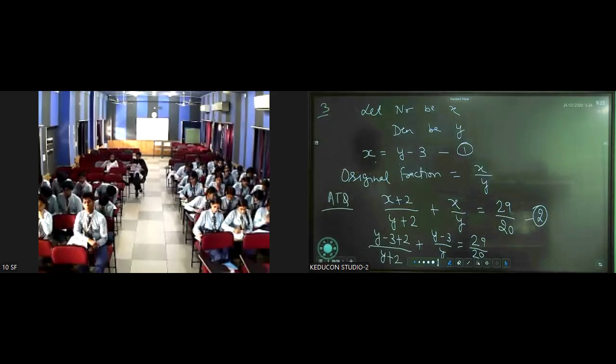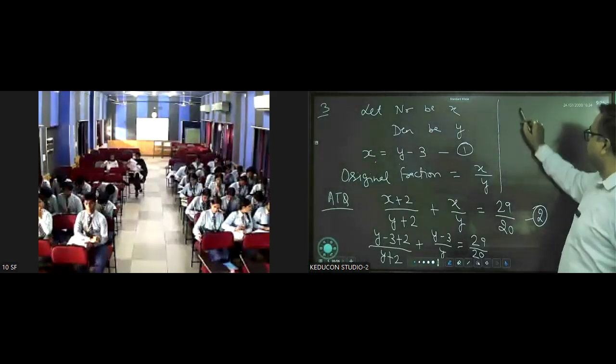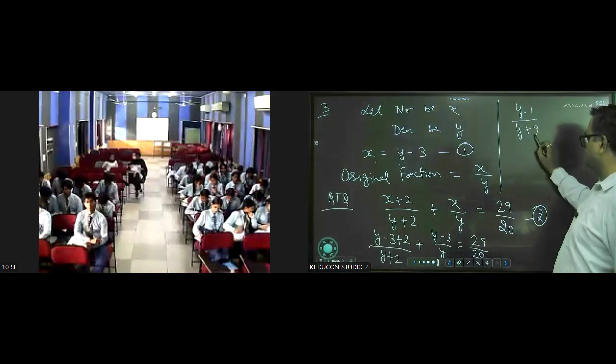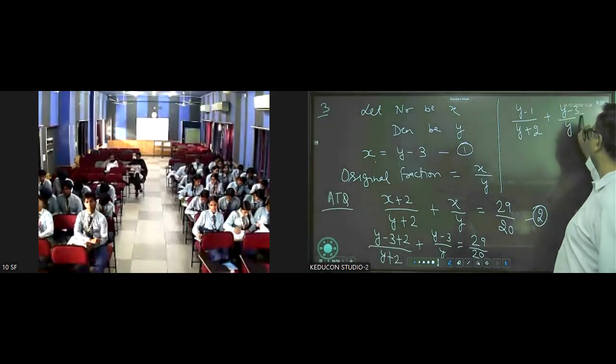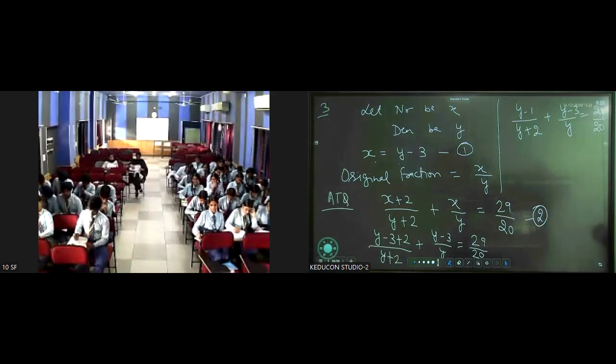Please solve this, students. तो आपके पास फ्रैक्शन बन गया बच्चों, y minus 1 over y plus 2 plus y minus 3 over y equal to 29 by 20. Is it clear? Is this clear or not, बच्चों?